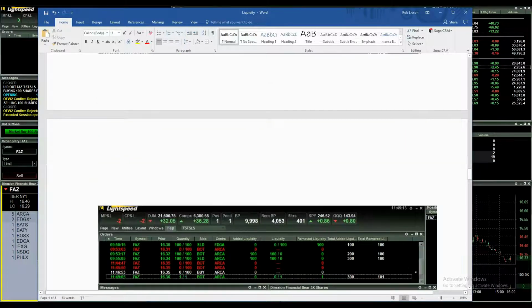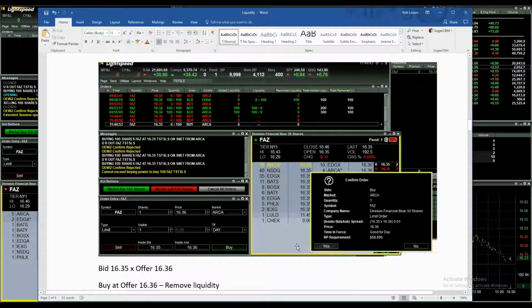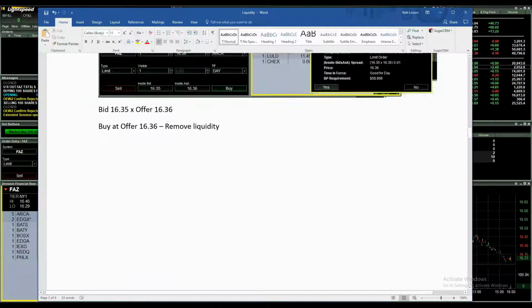Now, really the difference here is, in the 100 shares that I'm placing, it's going to be 15 cents for the LSPT route or 30 cents for the remove liquidity rate on the 100 shares. If I'm adding liquidity, I'm going to get 0.002 or 20 cents as a credit back.